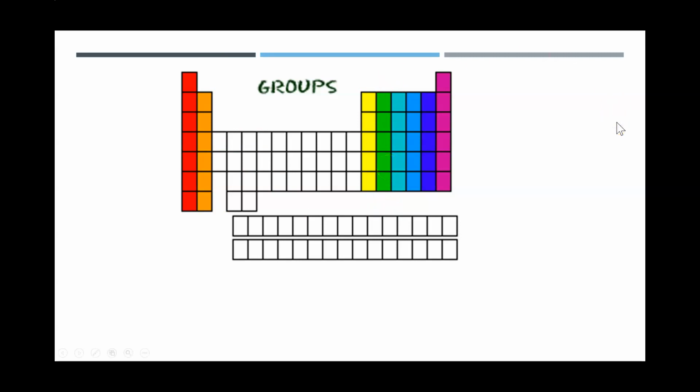And what you'll notice is that elements in the same group behave in a similar way. And what that means is everything in the same group has the same number of electrons in its outer shell.